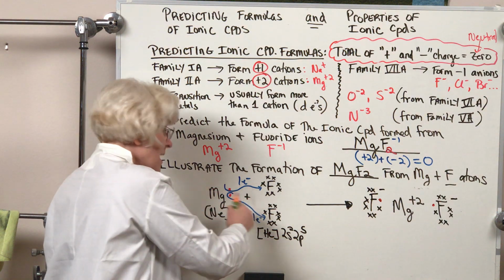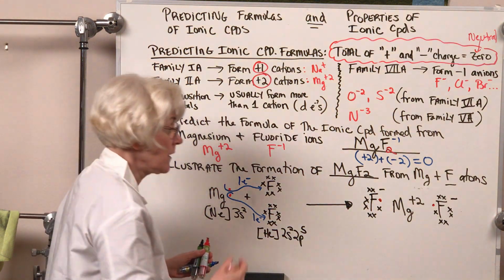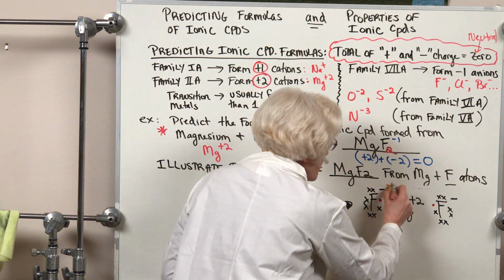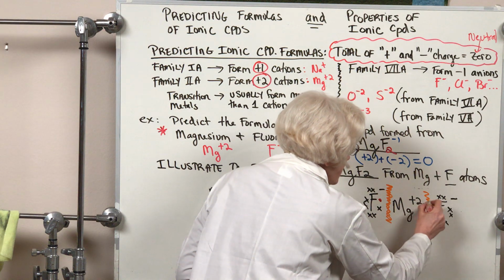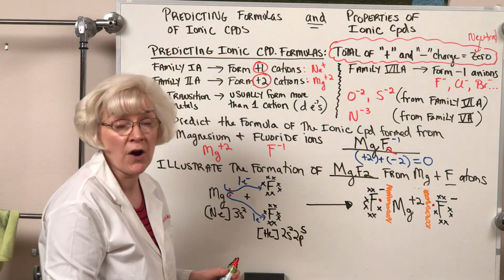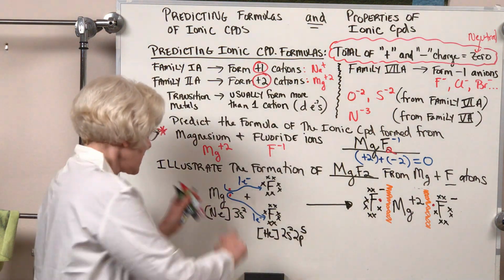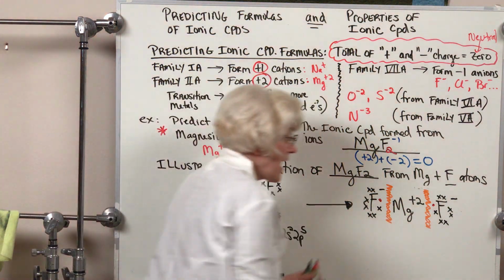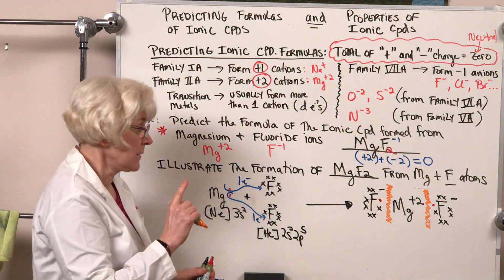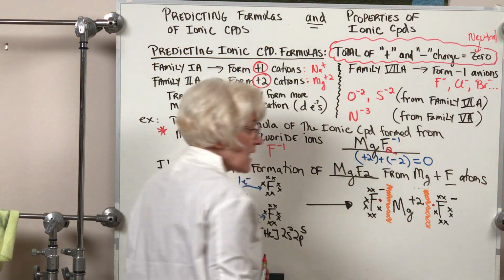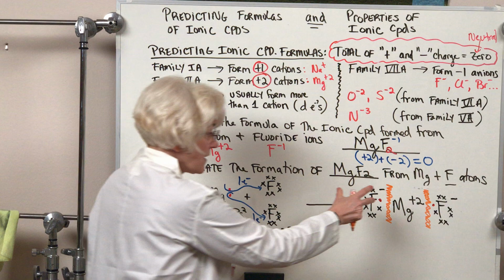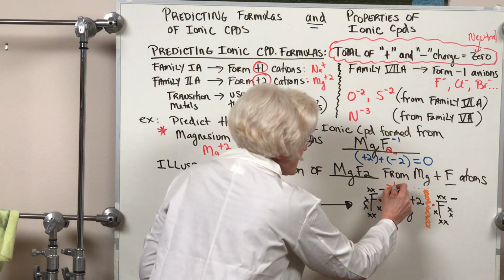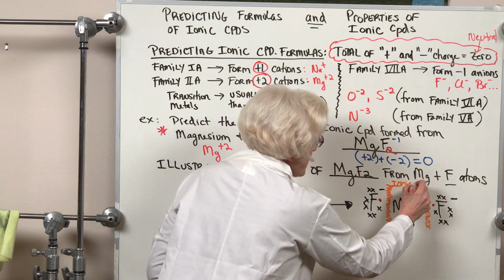The bond is not electron transfer. What is that bond? That bond is the electrostatic attraction between the oppositely charged ions. So yes, you did have to have electron transfer to create the oppositely charged ions, but the bond itself is this electrostatic force of attraction. Positive and negative charge attracts. That's what the ionic bond is.